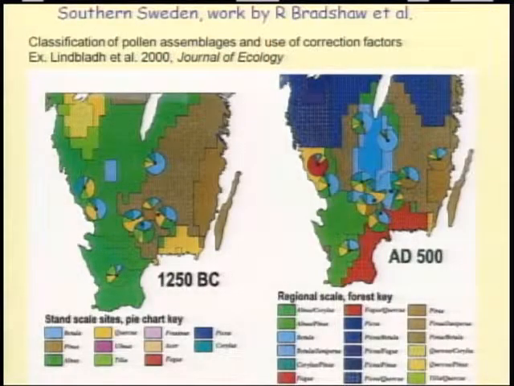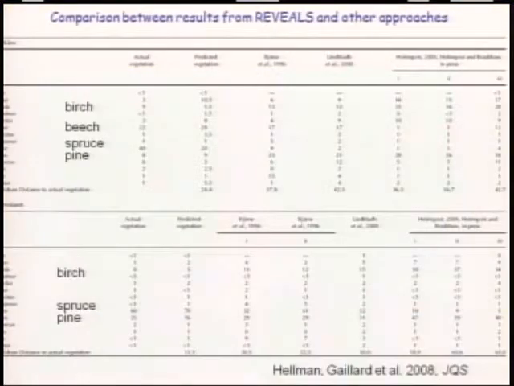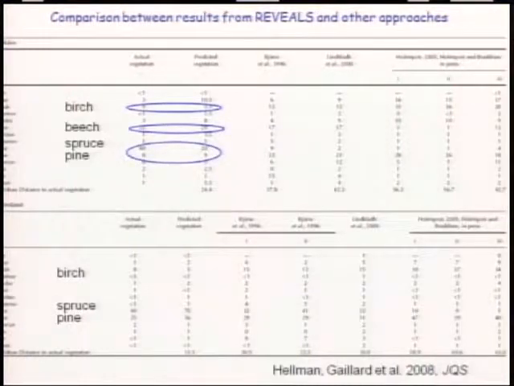There have been other attempts to reconstruct the regional vegetation in southern Sweden earlier by the group of Richard Bradshaw and collaborators that have been very useful at the time. But we can see now that the REVEALS performance is much better.